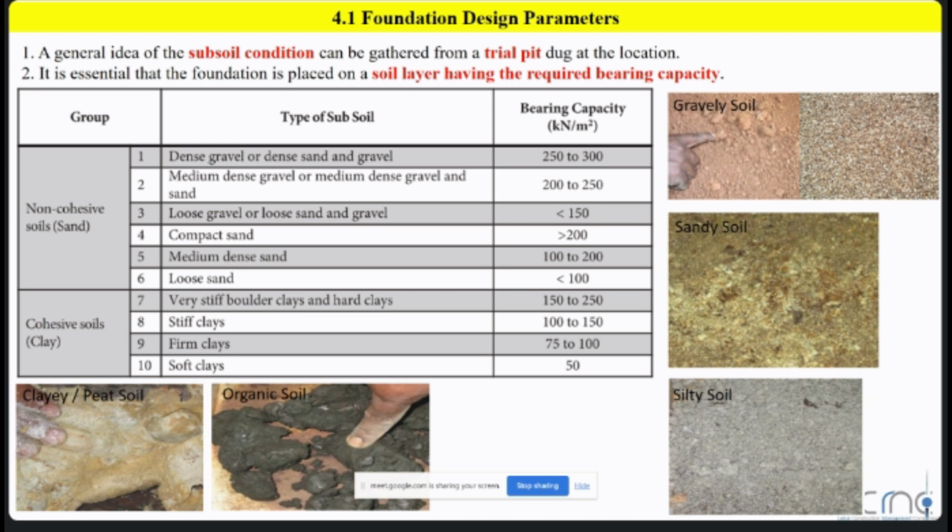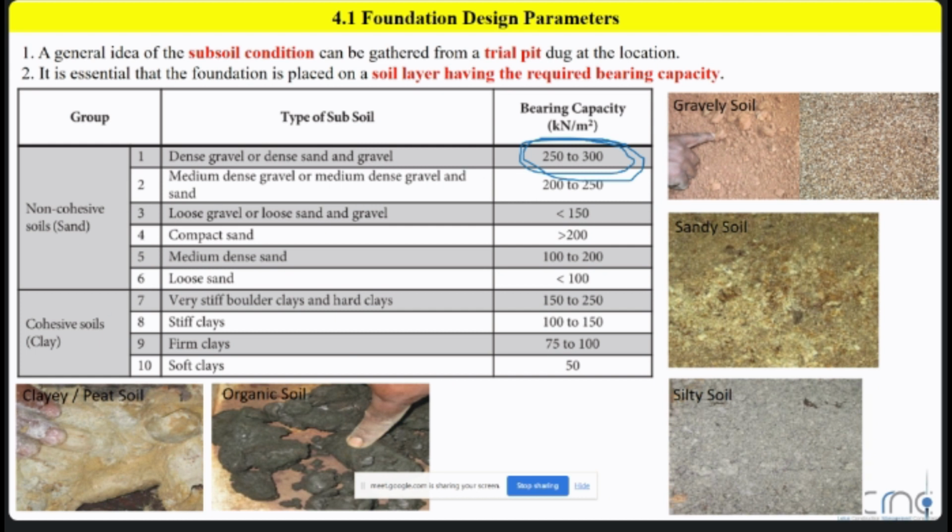Normally the non-cohesive, that means the sandy, the more sandy the soil, the higher the bearing capacity. In a subsoil profile of dense gravel or dense sand, you can take an idea that the bearing capacity is 250 to 300, which is a very good value for the construction works.